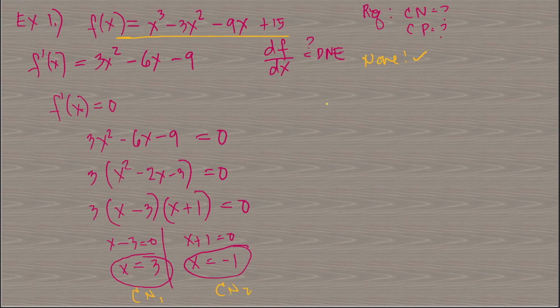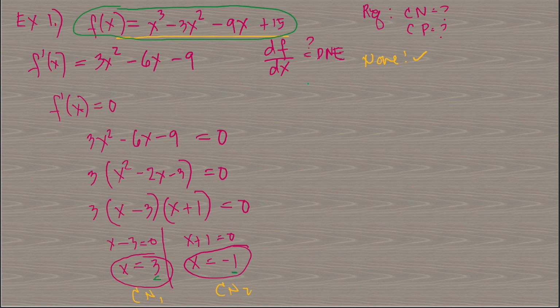Step 3, the final step to find the critical point, is to substitute the critical numbers to the original function. Not the derivative function; this is our original function. We will substitute the values that we have obtained, 3 and negative 1, and evaluate.